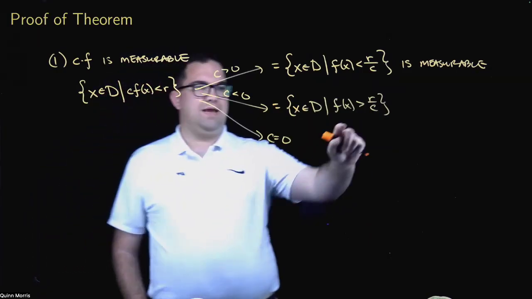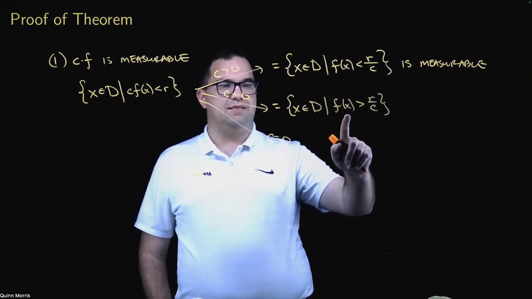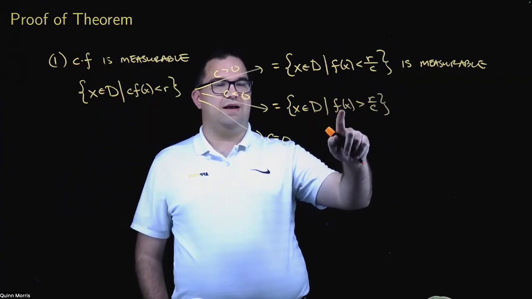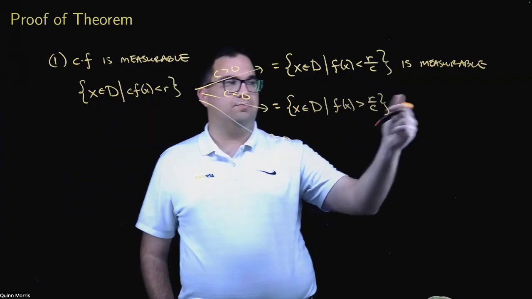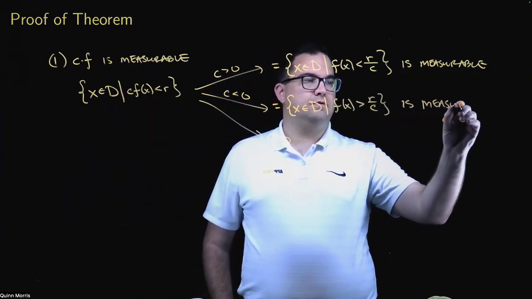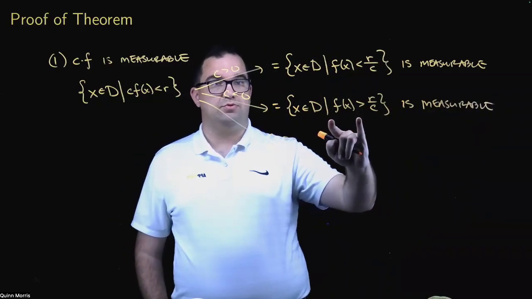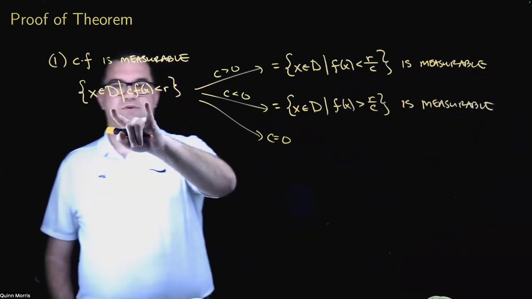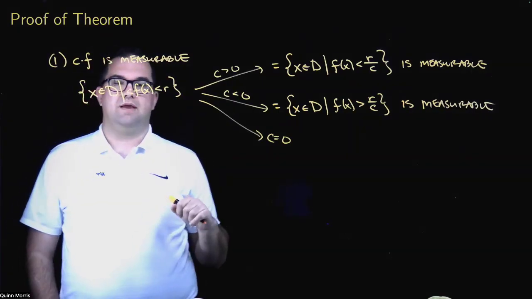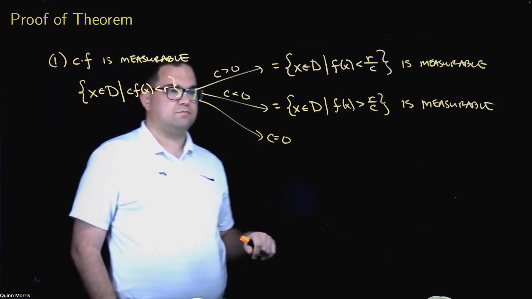But that's okay because one of my other measurability conditions for f is that the set of all x such that f of x is greater than any number is also measurable. So here, this set is measurable, again, from the measurability of f, but this is equal to this set, and this is a measurability condition for c times f.